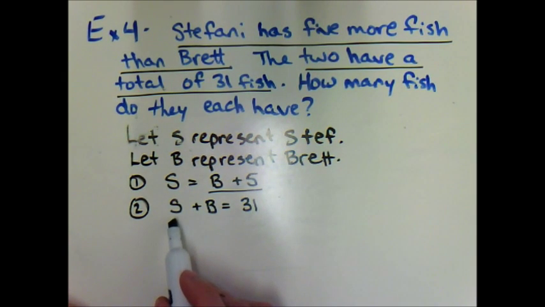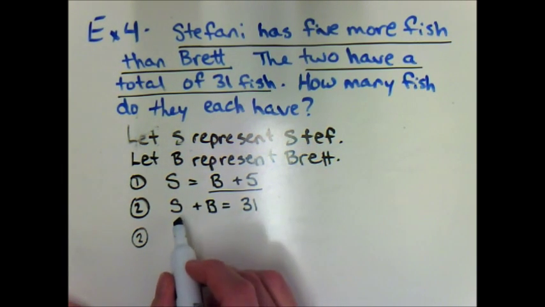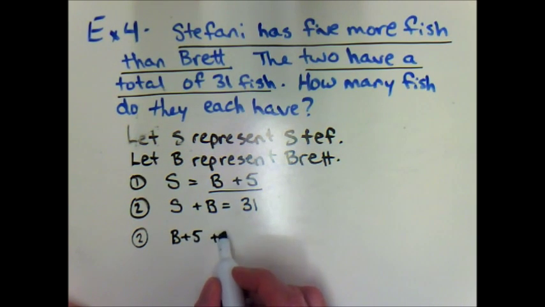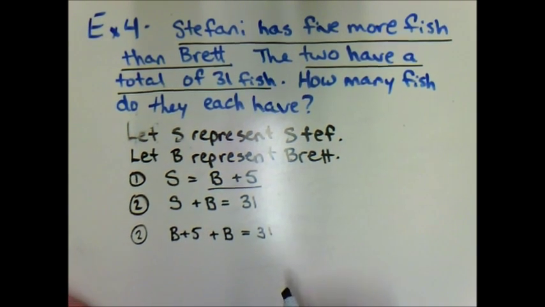Right here, I have an S. So wherever I see an S in equation 2, I'm going to call it B plus 5 because I know it's the same number. S is the same as B plus 5. So I got B plus 5 plus B. Good. Go ahead and finish it out. Find B.